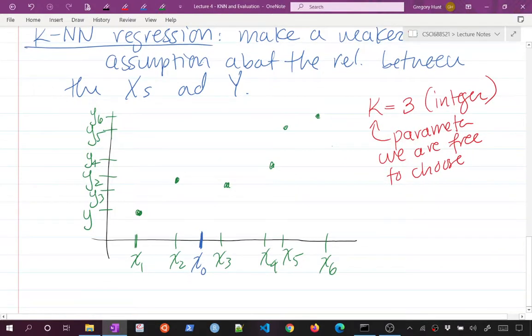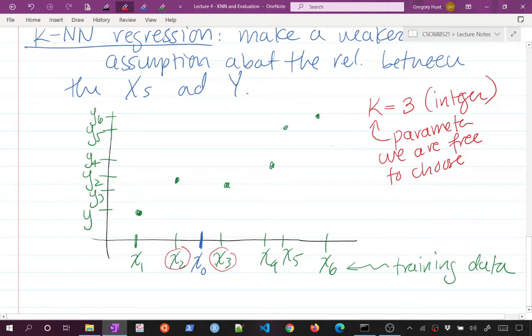For KNN, we're going to choose a certain number of neighbors, and we're going to say which of the neighboring x's in my training data are closest to x naught. Again, these green x's are training data. In this case, it looks like x3 is pretty close, x2 is pretty close, and then I don't know if x4, x1.